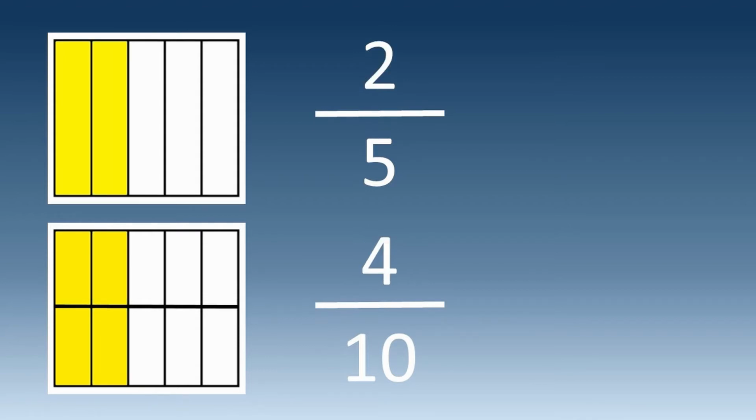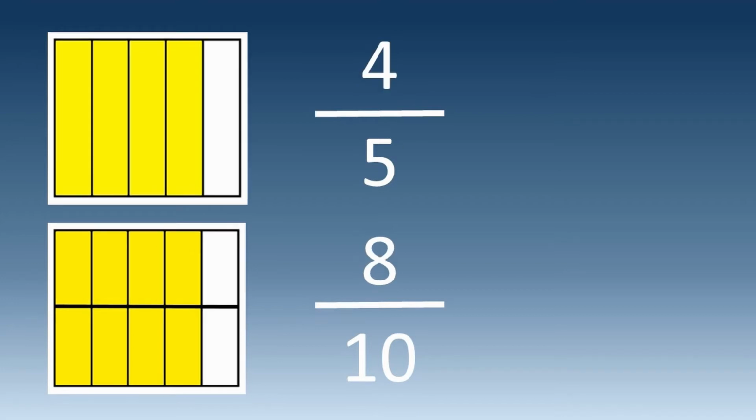Next, you can see 2/5 are shaded, and that is equivalent to 4/10. With the next one, you can see 3 of the fifths are shaded, and that is equivalent to 6/10. Next, 4/5 are shaded, and that is equivalent to 8/10.